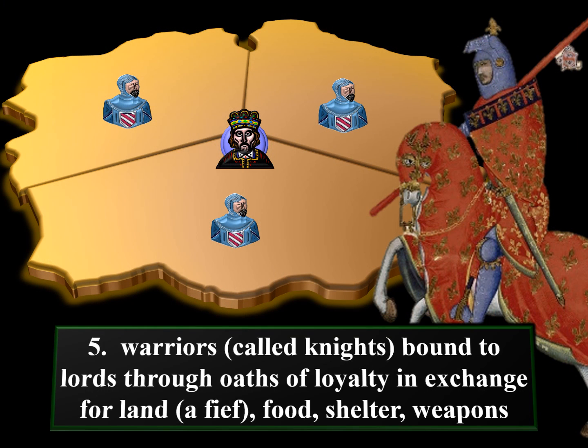Warriors, as I said, called knights, were bound to lords through oaths of loyalty in exchange for a piece of the lord's land. A fief is what it was called. They also would receive food, shelter, and weapons so they could defend the realm from those outside invasions. So, in other words, this feudal system developed out of a need for protection.